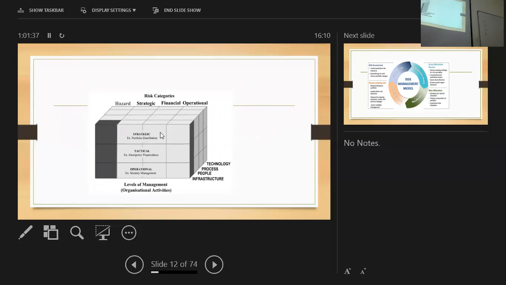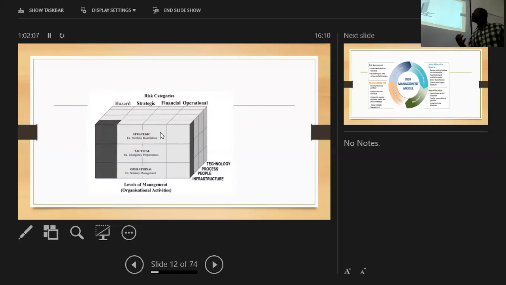You look at risk categories: strategic, financial, hazard, then you have operational, and categorized into different levels of the business, from operational, tactical to strategic, right? And this is how we need to assess them. Is it an infrastructural risk? Is it a people risk? Is it a process risk?